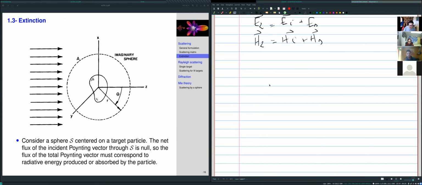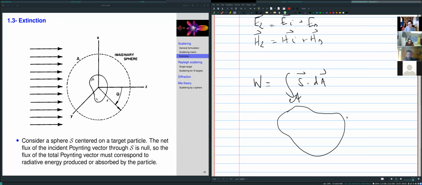However, suppose that now we compute this quantity, and I'm not going to put any labels for now. So this is going to be S dot dA across some surface A. Okay. So this is a surface A. Right? So imagine that we have a star at the center here.